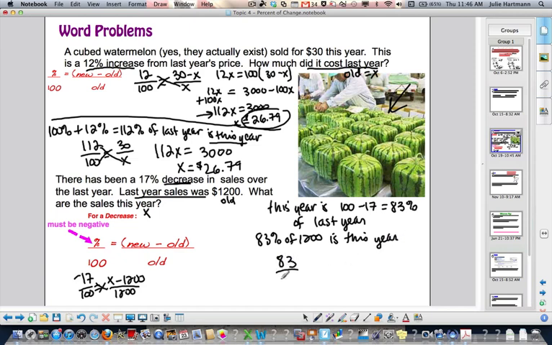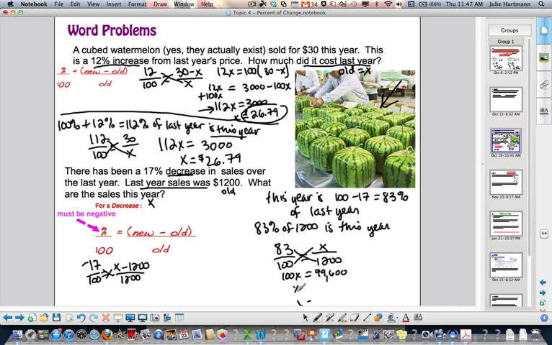So 83 over 100 equals of 1200 over X. Cross multiply there and solve, you're going to get the same thing. This is 100X equals 83 times 1200, which is that big number, and divide by 100, you get $996.